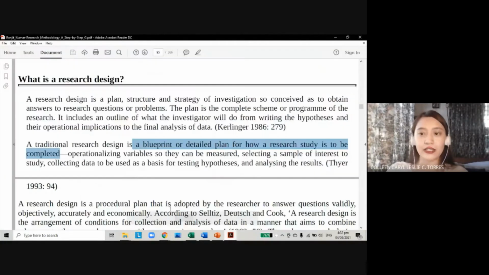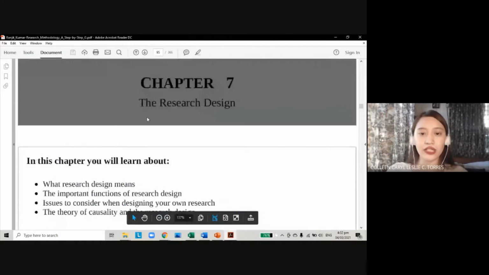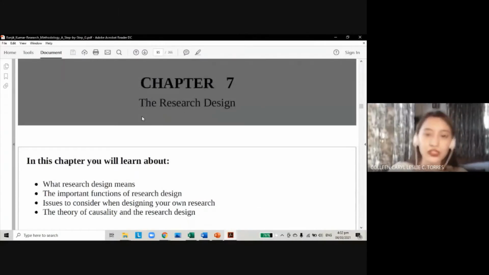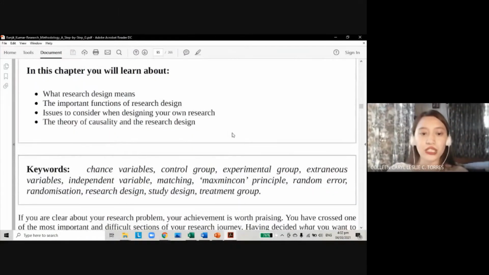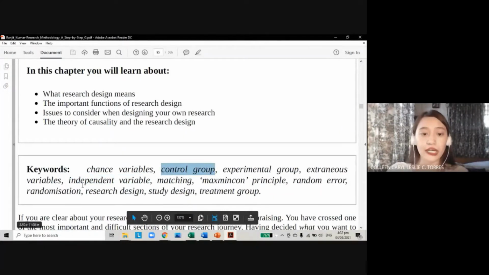All right, so in this part of the book, in the chapter on the research design, we are going to study some concepts now: chance variables, extraneous variables, independent variables, dependent variables, and then the control group.